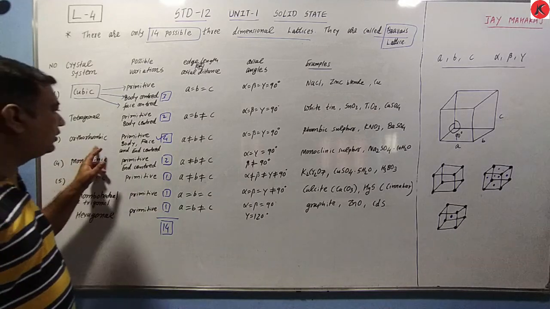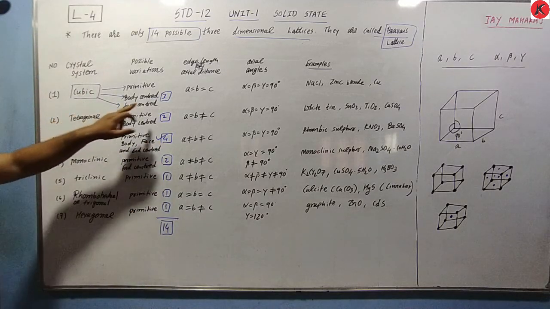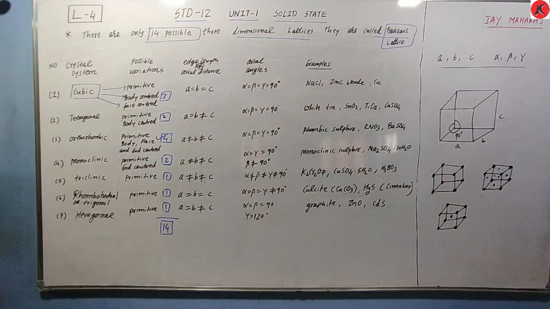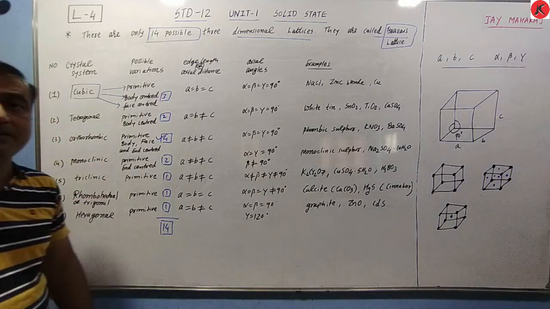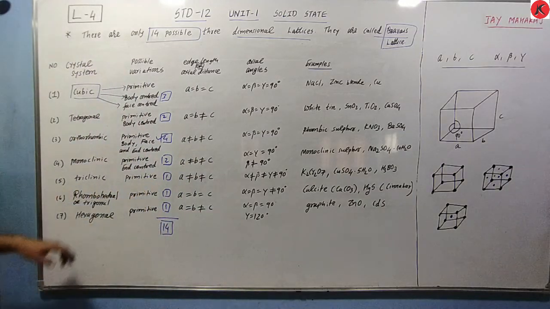Only in the cubic system are three types of variation there. Sometimes they ask in which system only three types of possible variation are there: only the cubic system.